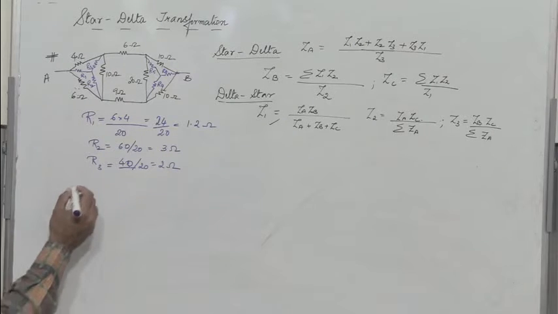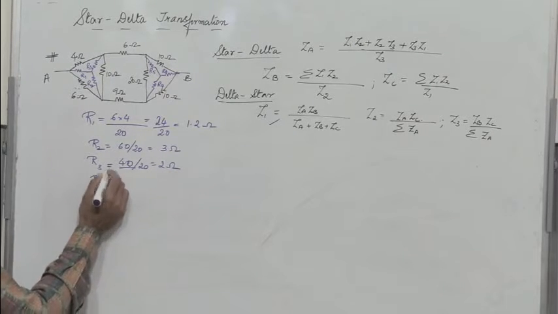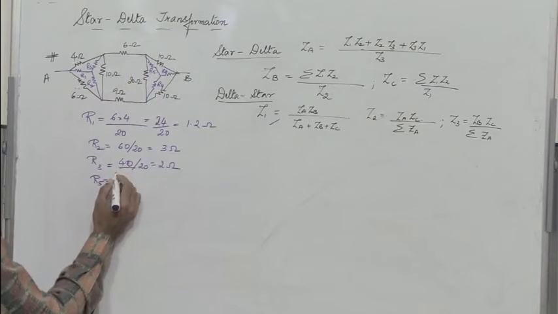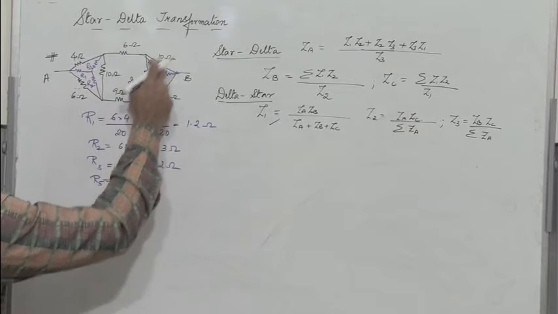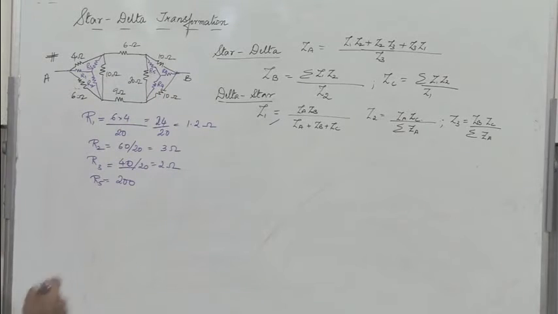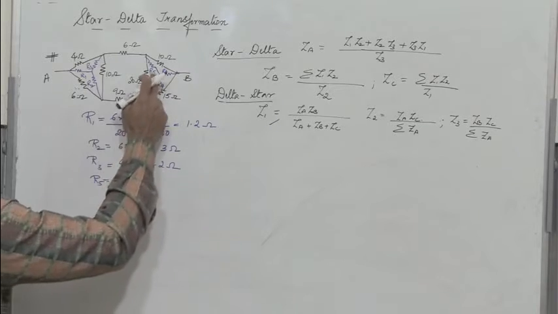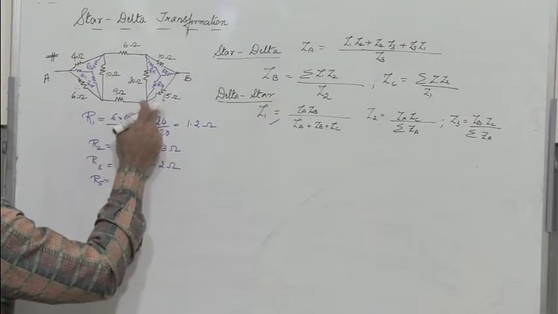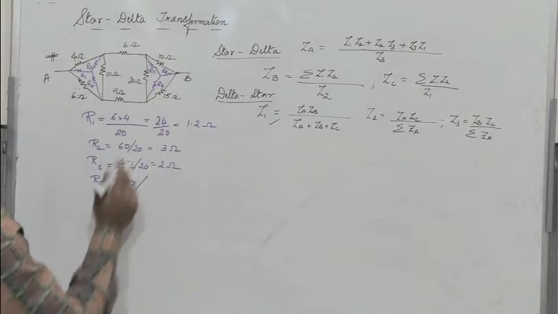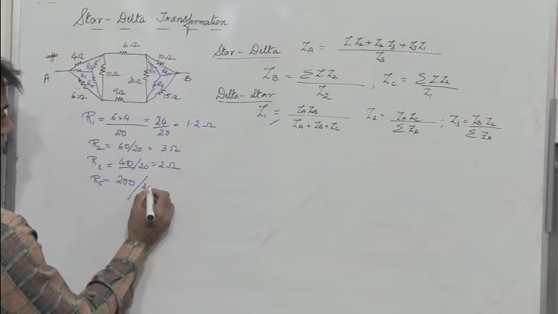Next, let us find R5. R5 is 20 into 10, which gives me 200, divided by the sum of resistances, 20 plus 10 plus 15, which is 45.